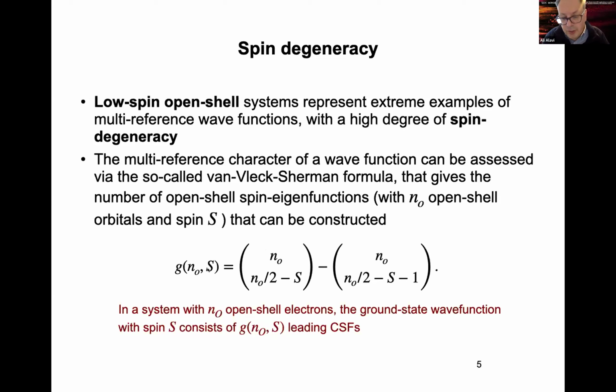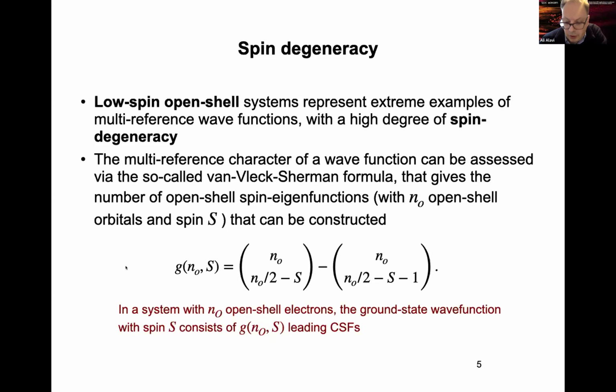The spin degeneracy can be worked out on the basis of this combinatorial formula, called the Van Vleck-Sherman formula, which tells you the number of spin eigenfunctions that you actually need in order to describe the ground state wave function. That's the minimal number that you need.